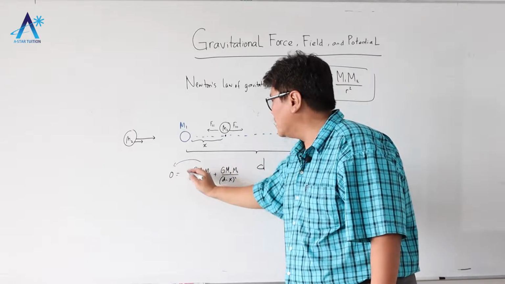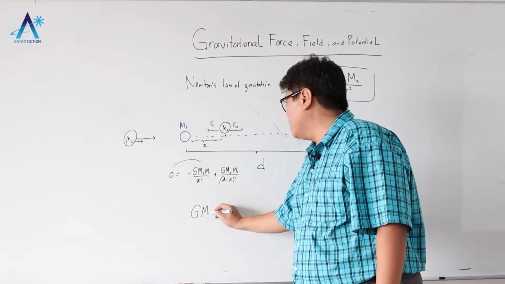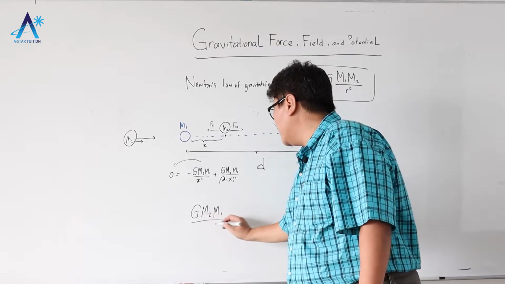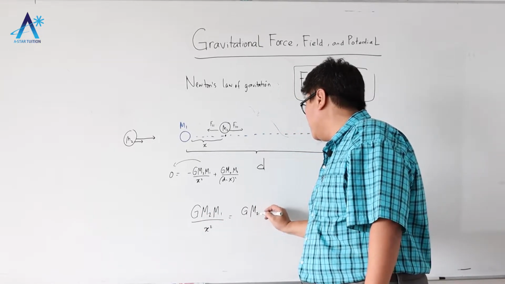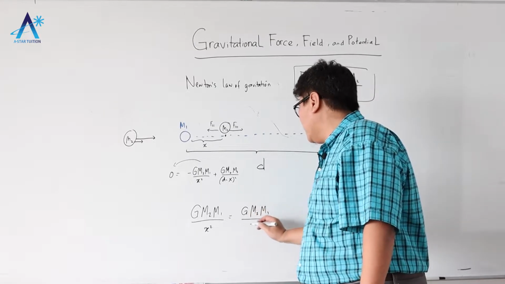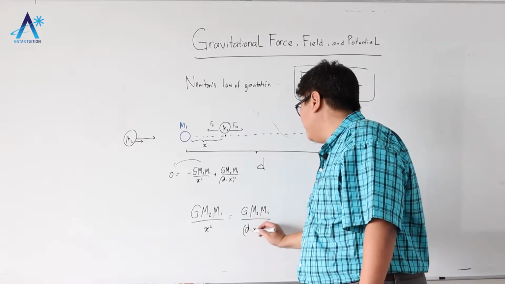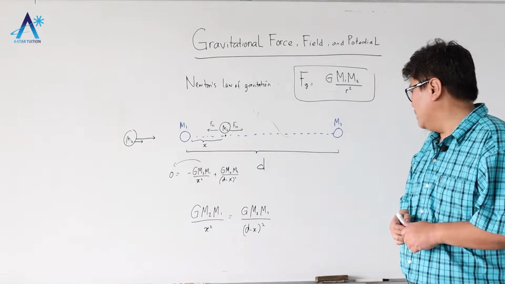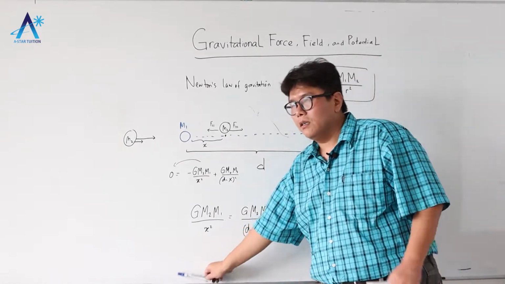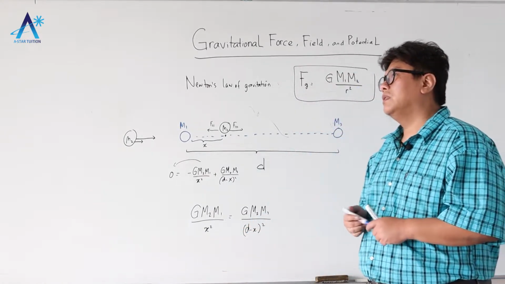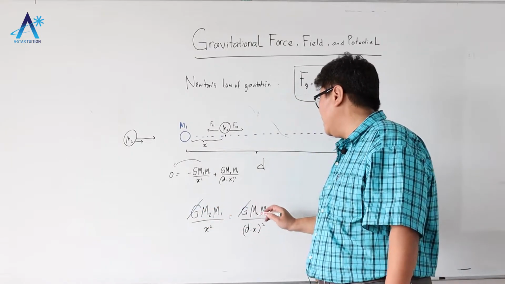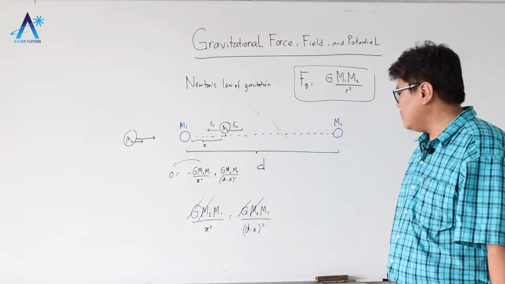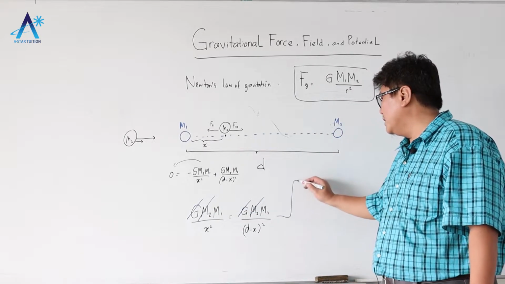If we move this to the other side, we get G m2 m1 divided by x squared equal to G m2 m3 divided by (d minus x) squared. What we can do from here is cancel common quantities, so G cancels, m2 cancels. Now we want to solve for x.